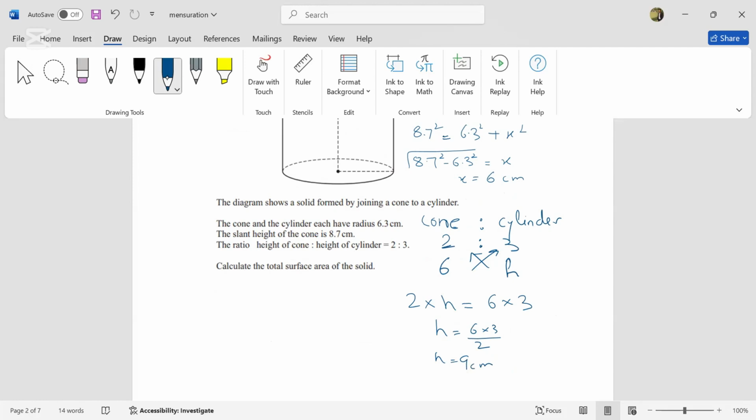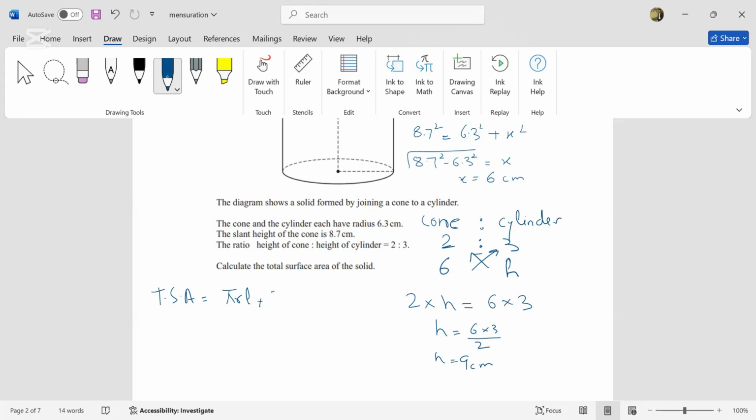Okay, now our task is total surface area of the solid. First of all, we must have an idea of what the surfaces of this solid are. If we check out, the first surface is the curved surface area of cone. Formula is given to us to get TSA of solid. This is pi r L, that is the curved surface area of cone. Next comes the curved surface area of cylinder.